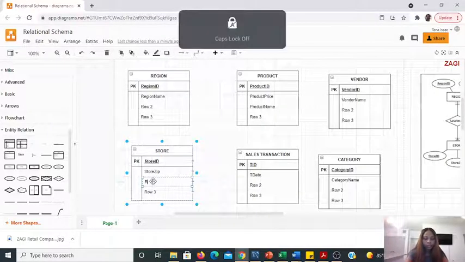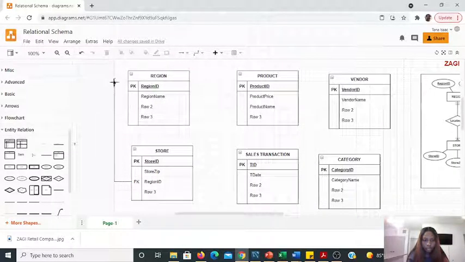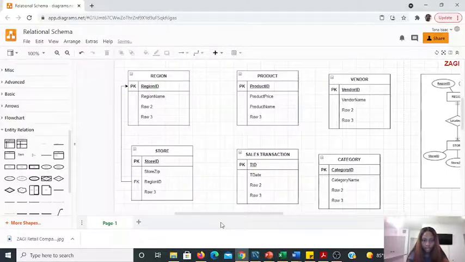So we have region ID, which is our foreign key. And while at it, we can just go ahead and reference the foreign key to the primary key, region ID.